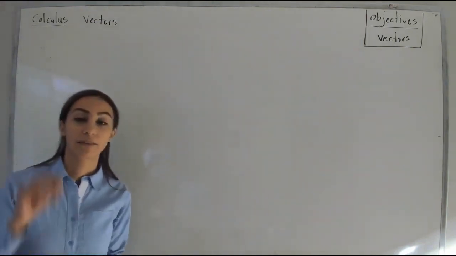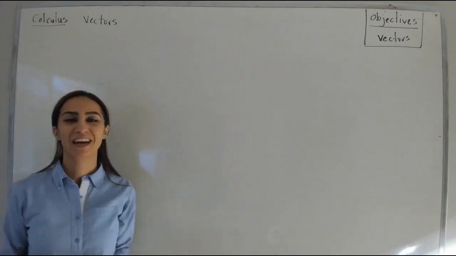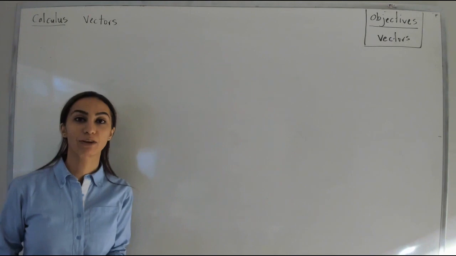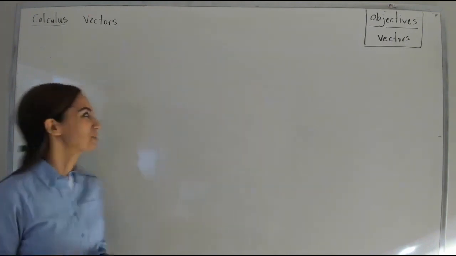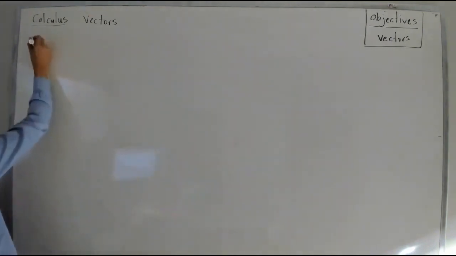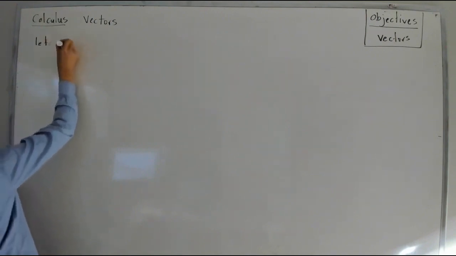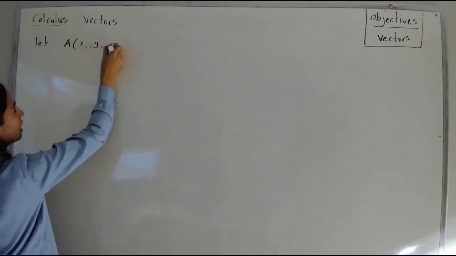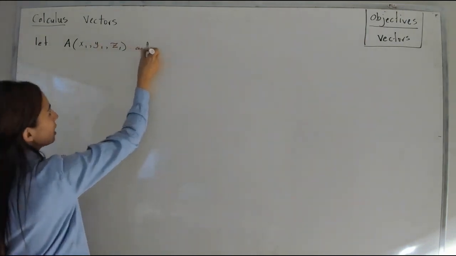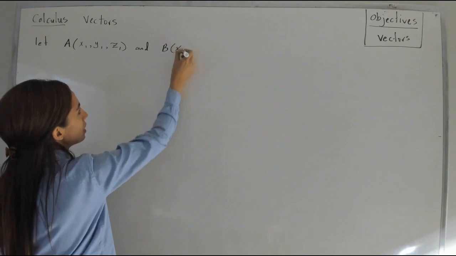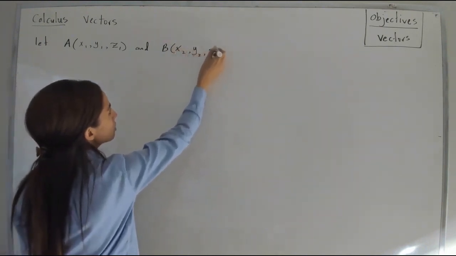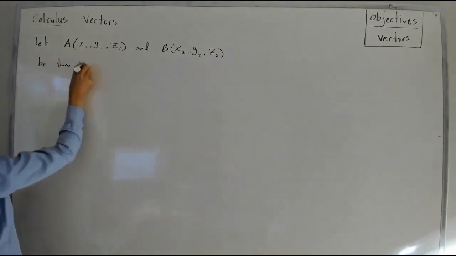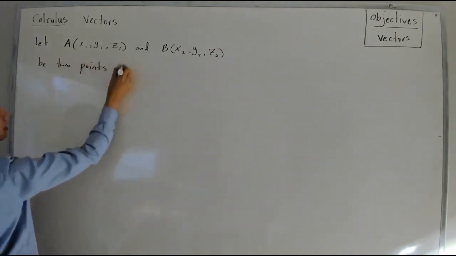So far we learned that if you have 2 points in the space, you can connect them together and you can create some new mathematical object that we call a vector. So let A with coordinates x sub 1, y sub 1, and z sub 1, and the second point B, x sub 2, y sub 2, and z sub 2, be 2 points in this space.